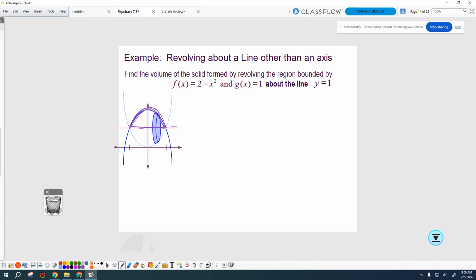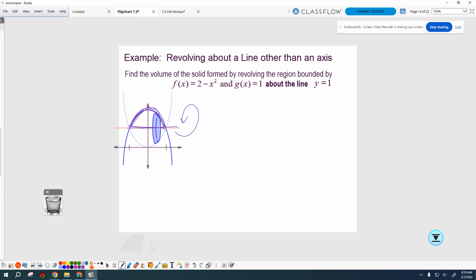First of all, you need to be careful. What space are they talking about? It's just that little snoot up here, because it says the line y equals 1 and the curve 2 minus x squared. Those two things make that little oval shape. And they want you to spin it around y equals 1.